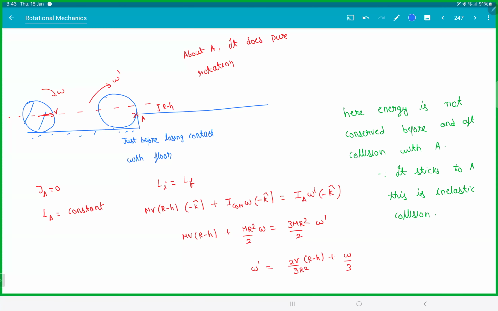Anyone not convinced with any particular step, please ask. Clear?